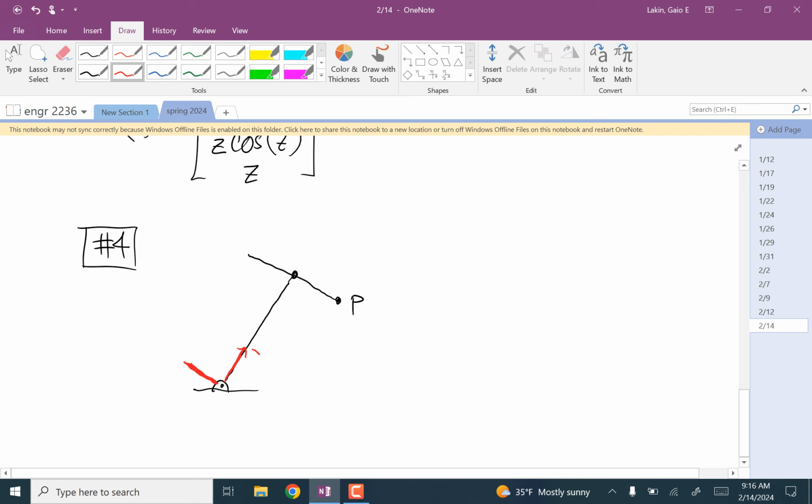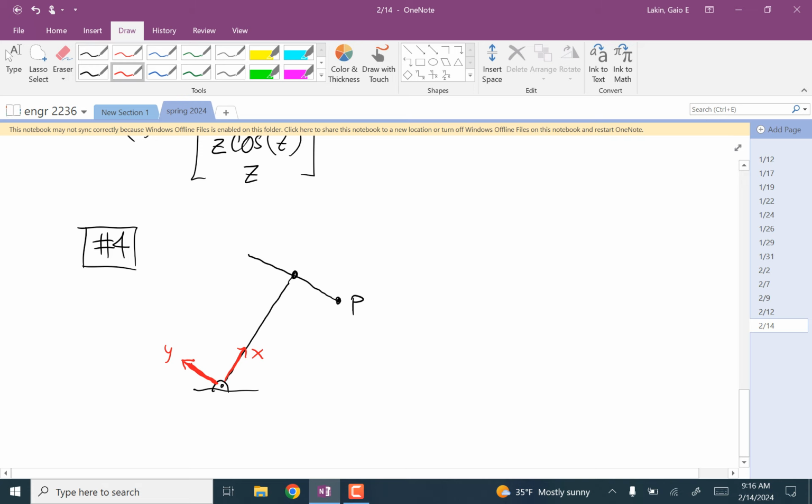Some people chose this to be the x-axis and this to be the y-axis. Some people chose the y-axis to be pointing along that member, and then the x-axis would be opposite the way I have the y-axis. Either of those make the vectors pretty simple to calculate.